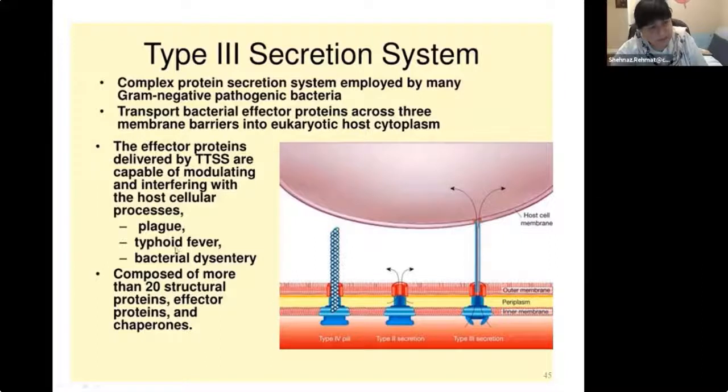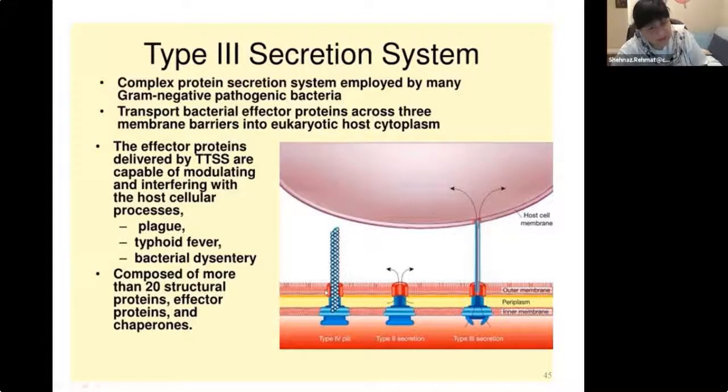Typhoid is caused by Salmonella typhi, and bacterial dysentery is caused by Shigella. All three of these are gram-negative bacteria, and they all seem to use the type 3 secretion system to deliver the toxin from the pathogen directly into the host by making contact.